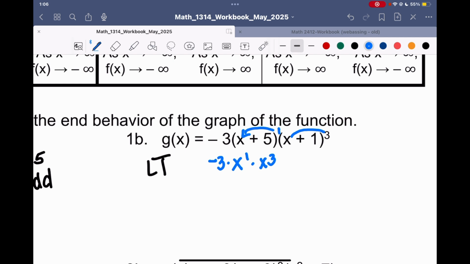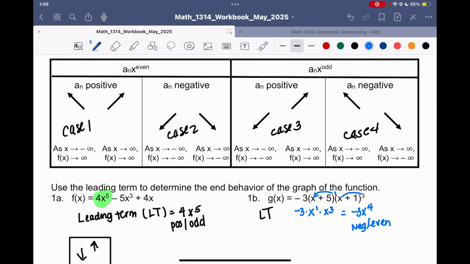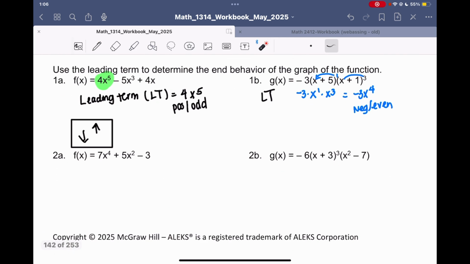So our leading term is equal to negative 3x to the fourth. So when I want to classify this, it's going to be negative even function. So that's going to be case 2. So that means my left goes down and my right goes down.